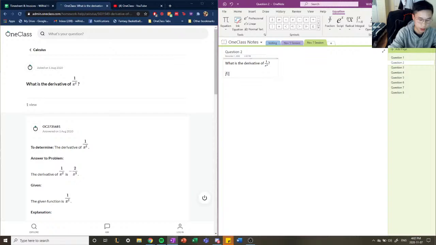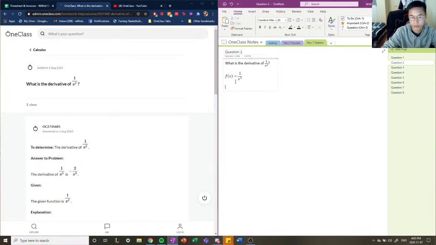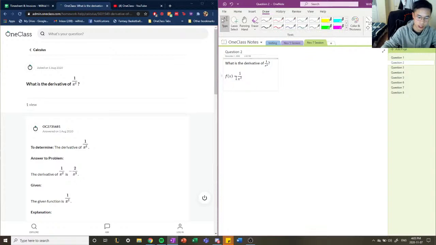Let's say that f of x equals 1 over x squared. Okay, we have defined our function. The power rule suggests that the derivative of any variable with a power on it can be described as such.